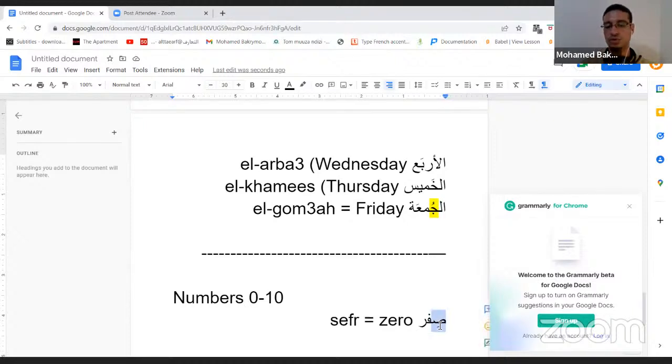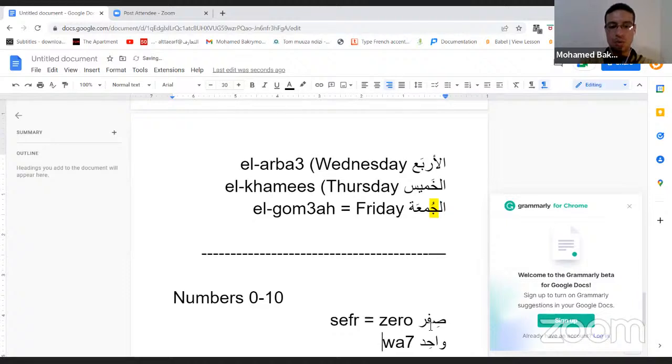It makes me pronounce it a, not a, because it's under. If I had it above the letter صاد, it would have been ص. Okay, so here it's صفر, 0, and then واحد.